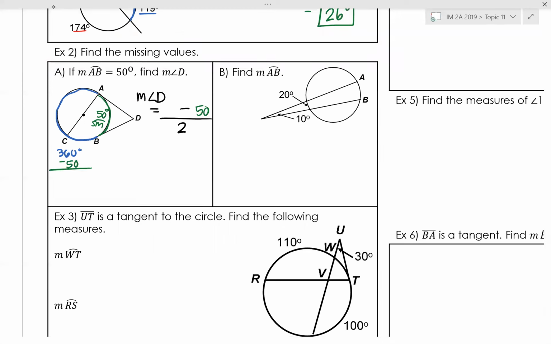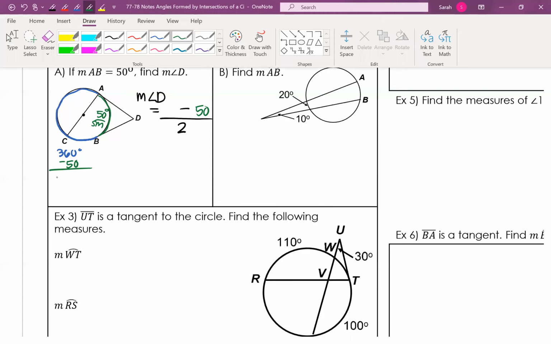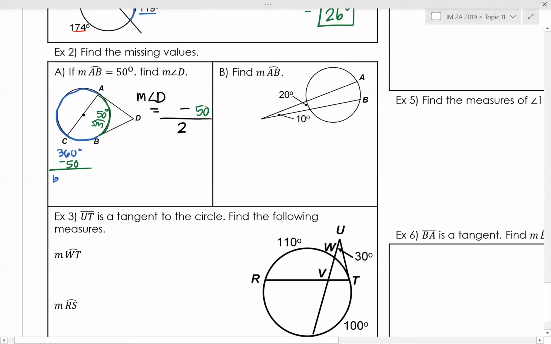So that means that the large arc, our big arc, is 310 degrees. The rest of that circle must be 310 degrees because those are two tangents, and it's the whole rest minus the 50.